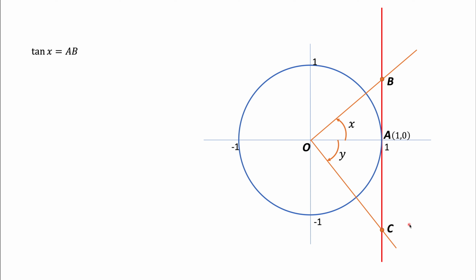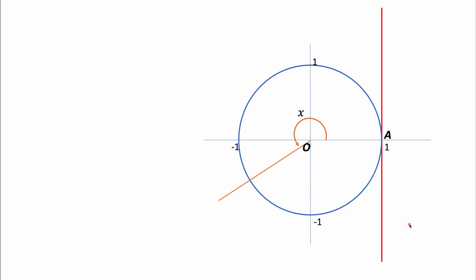Okay? Now, we dealt with the first and the fourth quadrant. What about quadrant number 3? I have this angle X. If I get this angle, get this orange line, which is not really a line, it's a ray that starts at point O and goes away. That ray does not intersect my tangent line. What should we do in this case?